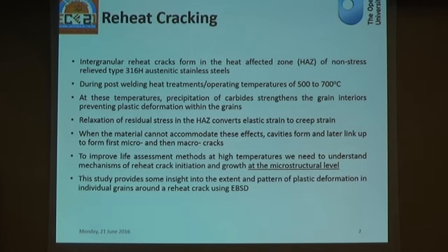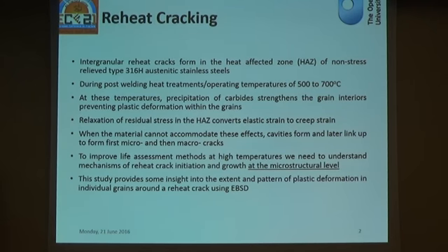So, reheat cracks. Intergranular reheat cracks occur in non-stress relieved heat affected zones of 316H austenitic stainless steel weldments, when after welding they are again subjected to heat treatment or service temperatures of 500 to 700 degrees Celsius.